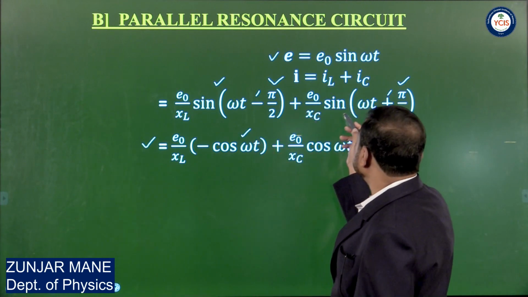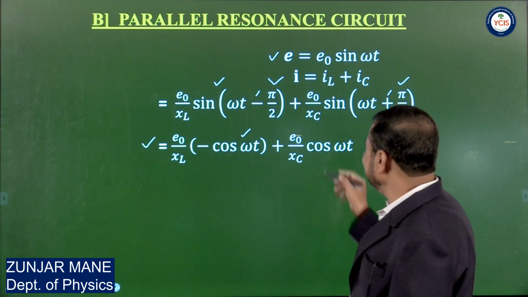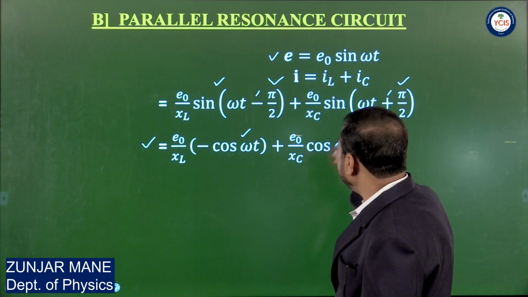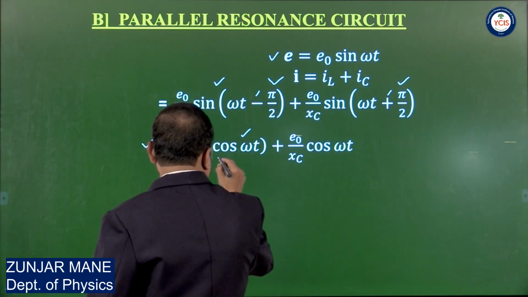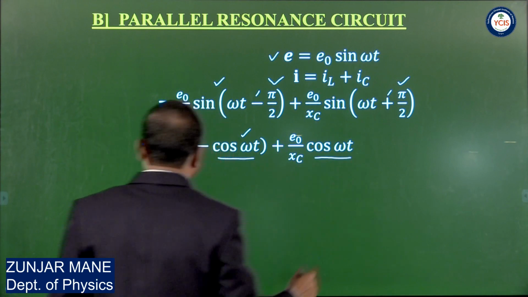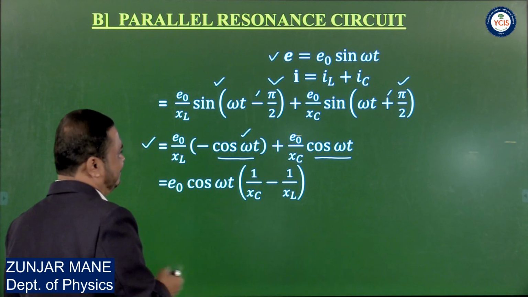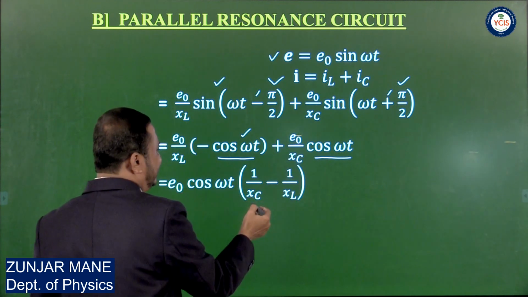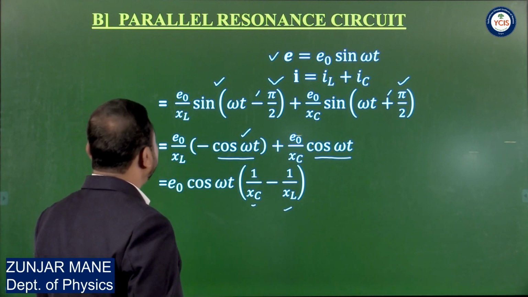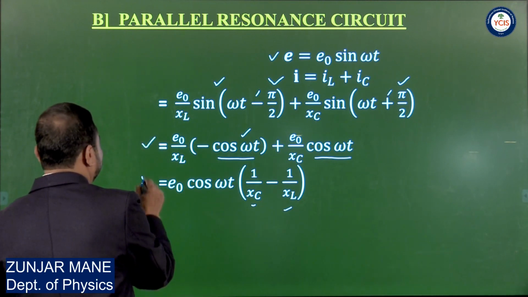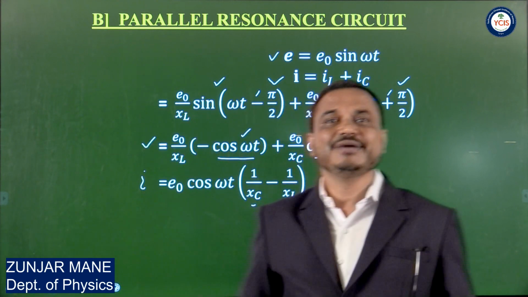Similarly, sin (90 plus theta) is equal to cos theta, so we have E0 upon XC cos omega t. Now take cos omega t common from this equation. So if we take E0 cos omega t common, here remains 1 upon XC and here remains minus 1 upon XL. So the net current I is given by E0 cos omega t (1 upon XC minus 1 upon XL).